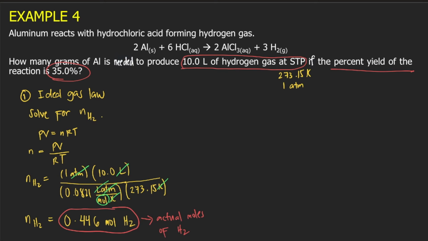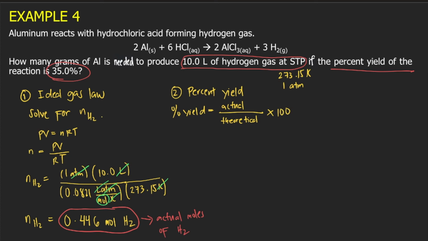And then the problem says the percent yield of the reaction is 35%. So this will be part 2 of our solution. We will use the equation for percent yield. If you can remember, percent yield is equal to actual divided by theoretical amount times 100.